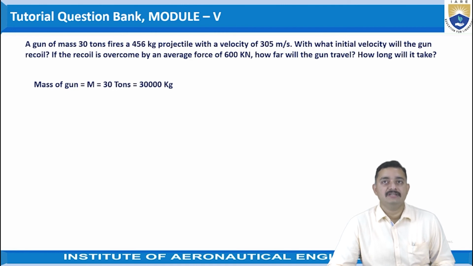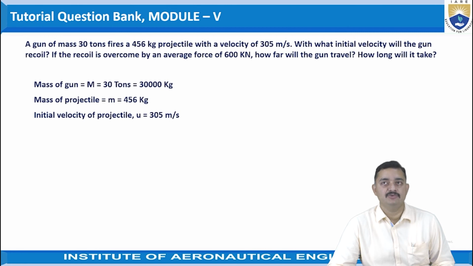The mass of the gun is taken as capital M, that is equal to 30 tons, that means it is 30,000 kg. Then the mass of the projectile is small m, that is equal to 456 kg. So the initial velocity of the projectile is given as u is equal to 305 meters per second, and the velocity of recoil of the gun is taken as v meters per second.